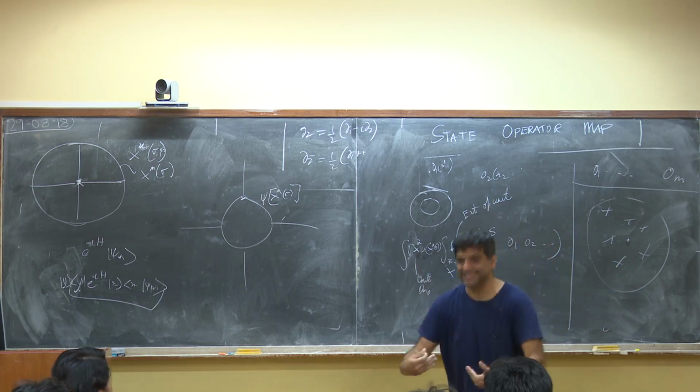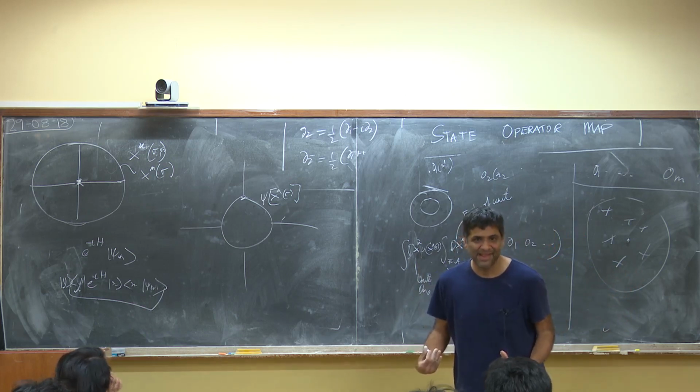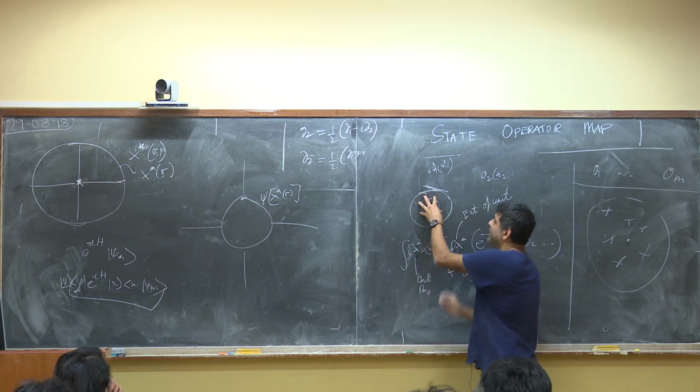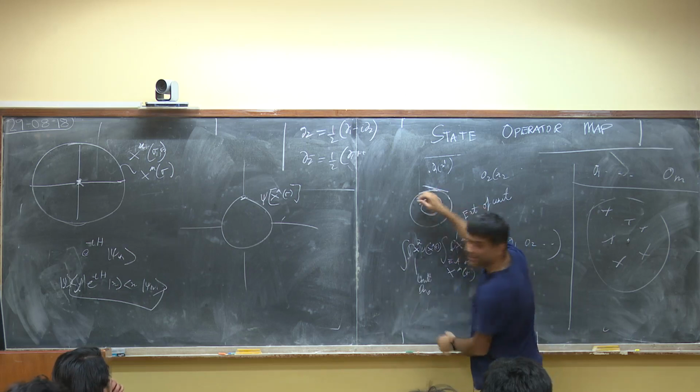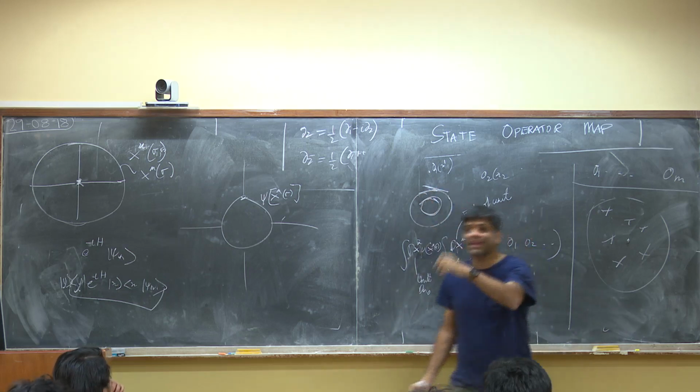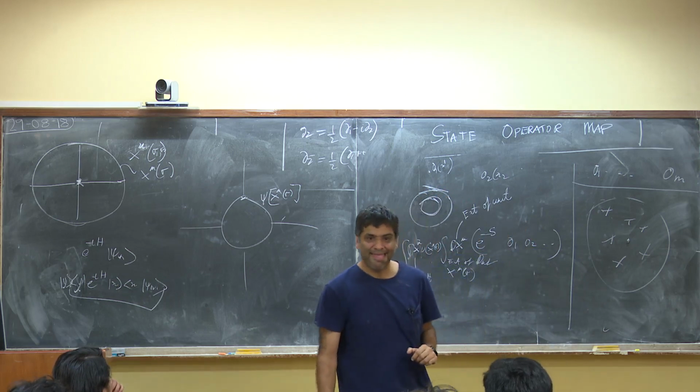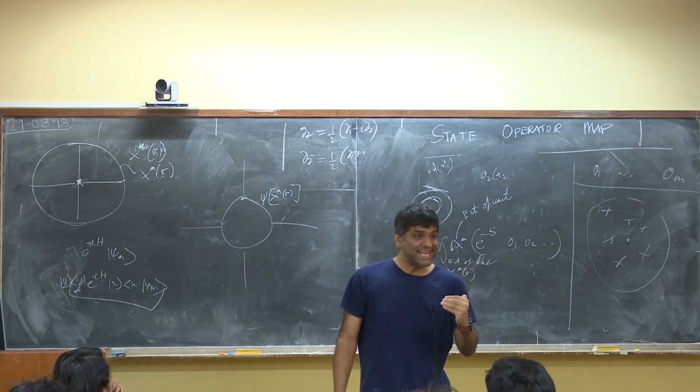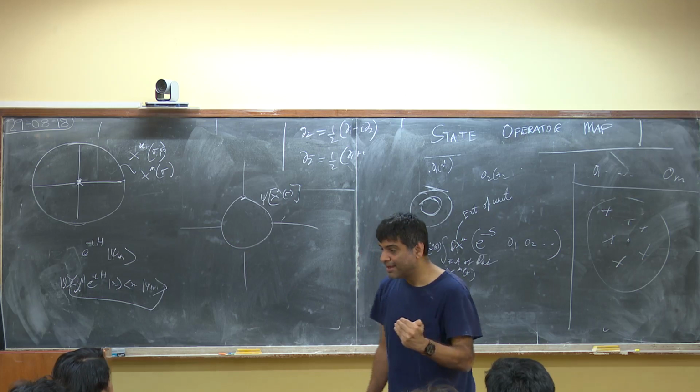Translate it backwards in time by some amount, and then I will get the state I need to insert for the path integral on the radius half disk. That state is guaranteed to give the same answer.